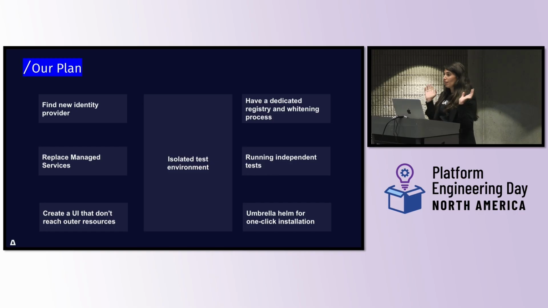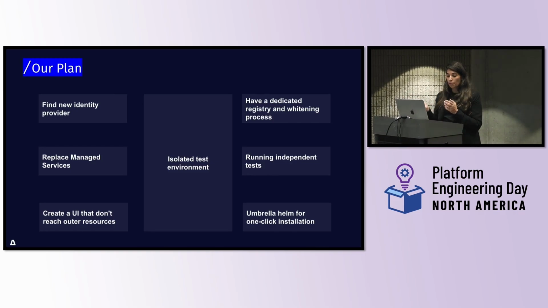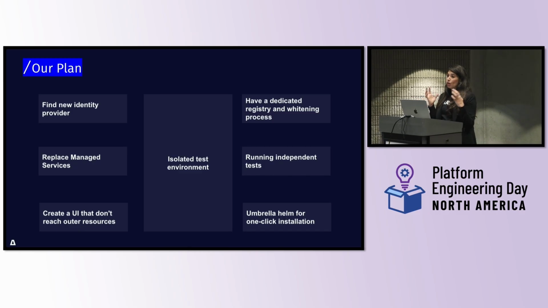We have to have a dedicated internal, independent registry, because we wanted to test it end to end and see that nothing fails. And we wanted to have kind of an umbrella Helm chart, so the customer can take this chart, one-click, and install the entire platform on his vanilla isolated cluster.